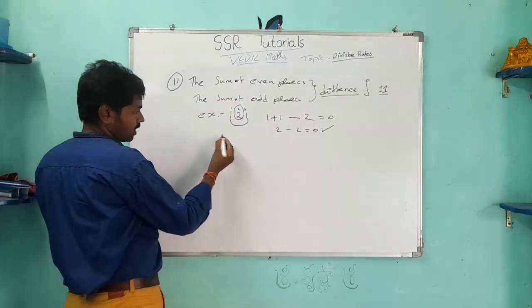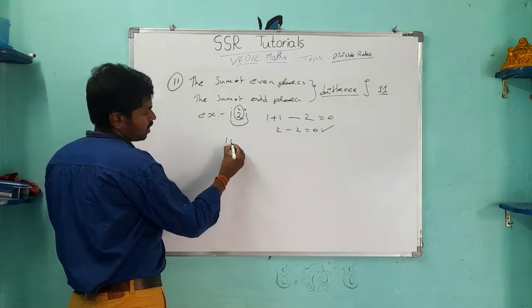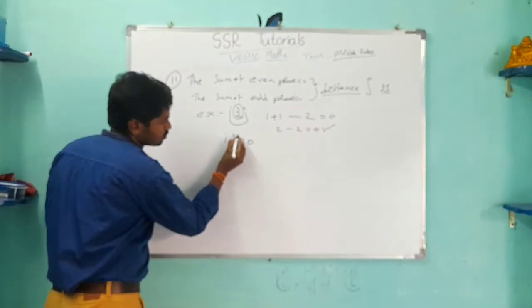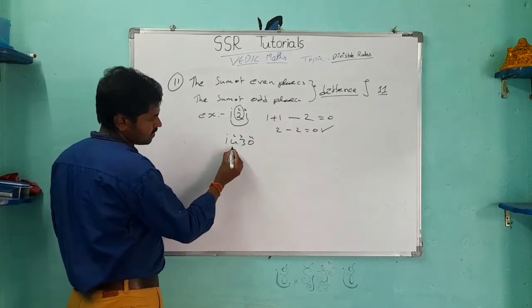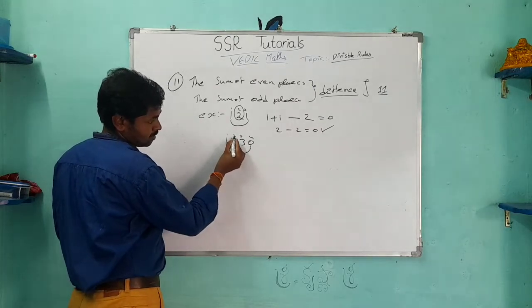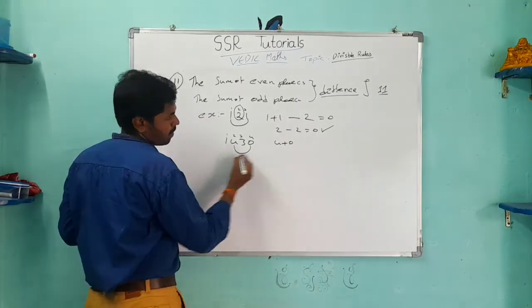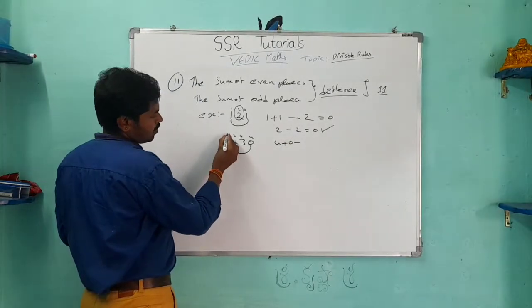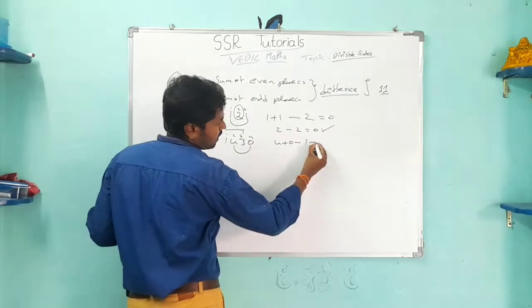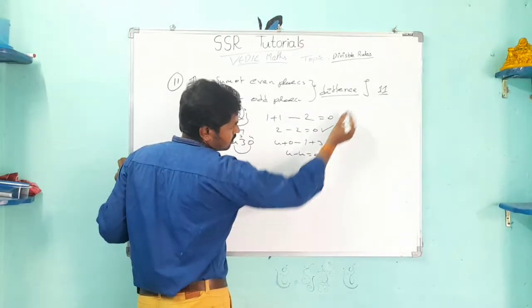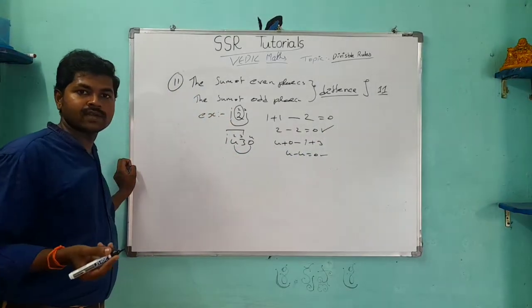Suppose we take another number, 1, 4, 3, 0. Put places 1, 2, 3, 4. What are the even digits? Even places 2 and 4, that means 4 plus 0, minus 1 plus 3. That means 4 minus 4 is equal to 0. The total number is also divisible by 11.